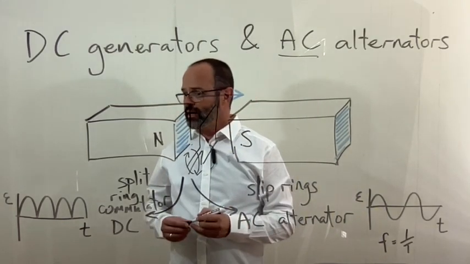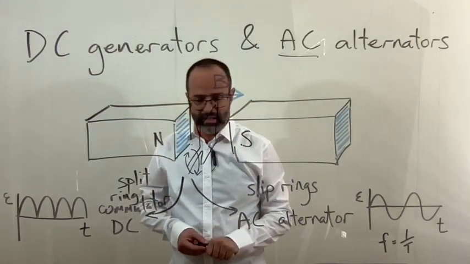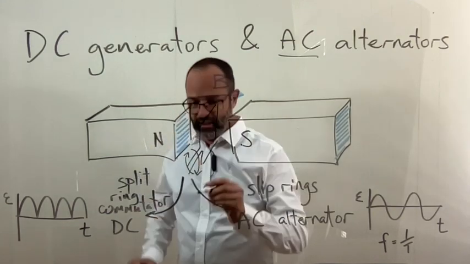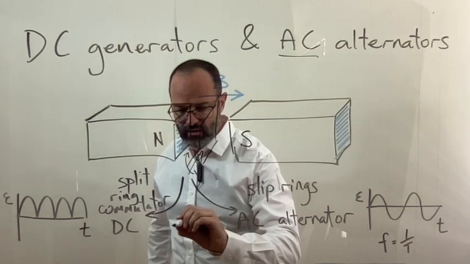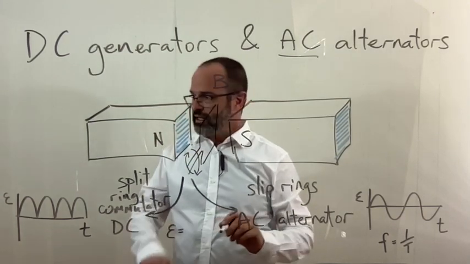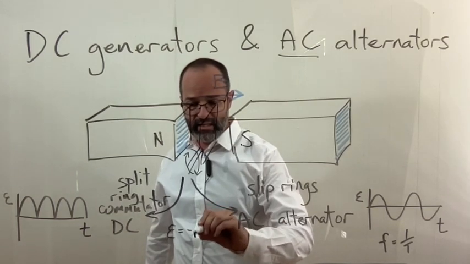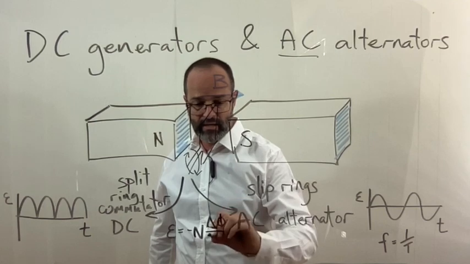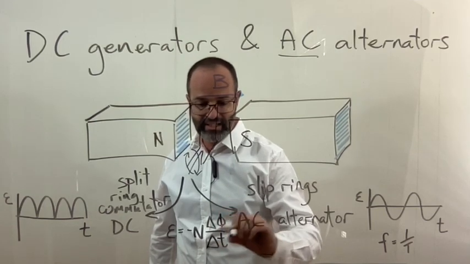And the sort of problems that we're going to need to solve will often involve using Faraday's law, the EMF is negative N delta phi over delta T.